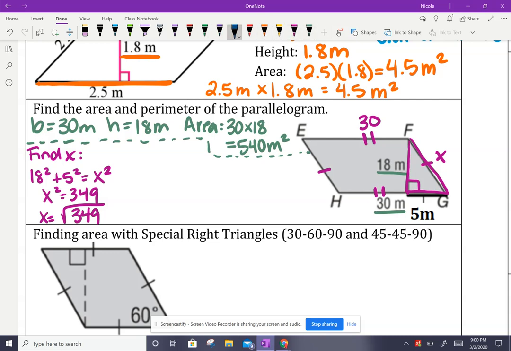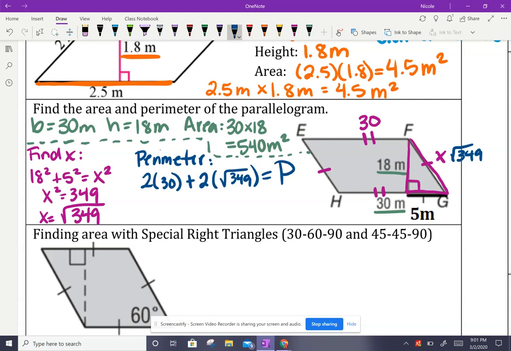Okay, so now for the actual perimeter. Now that I know x is equal to root 349. So for perimeter, that's all four sides added together. So I have 2 30s plus 2 root 349s. And that's going to give me my perimeter.